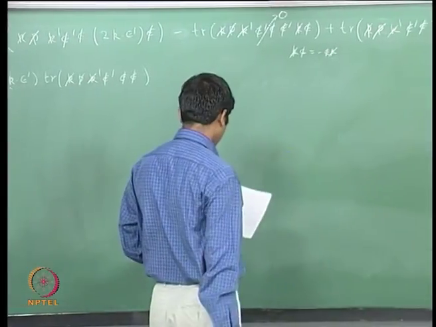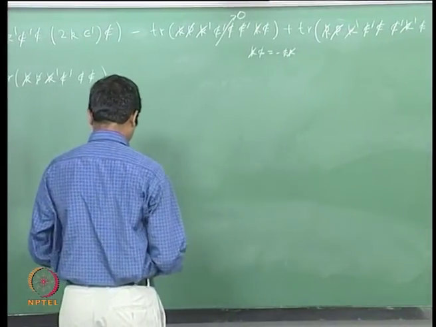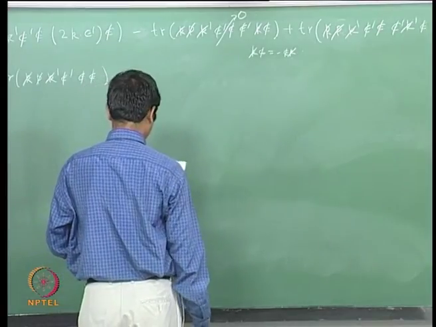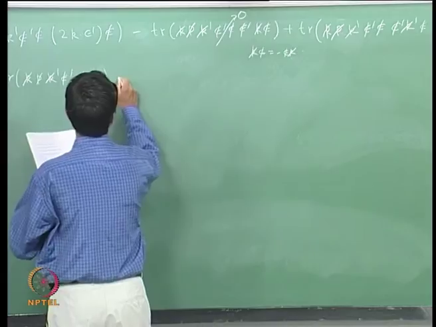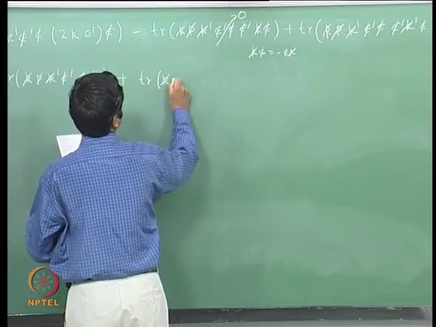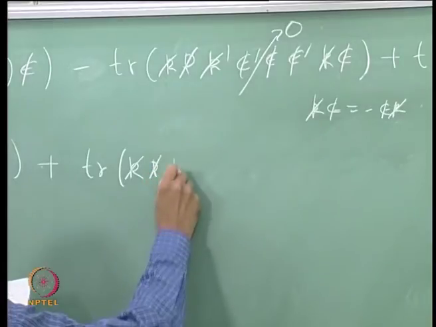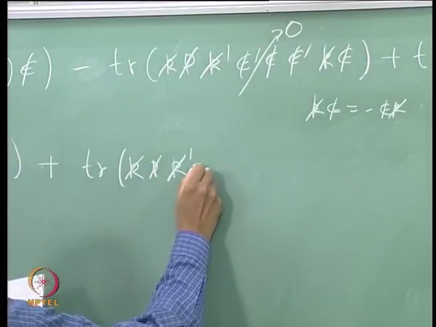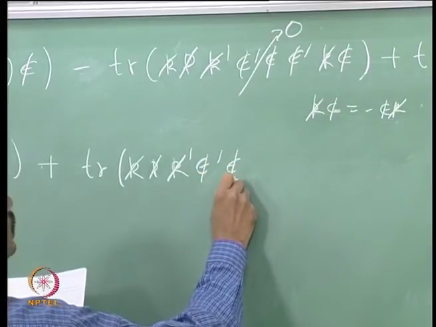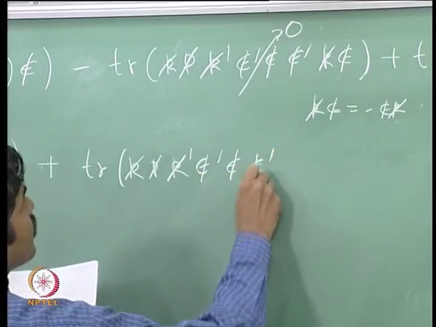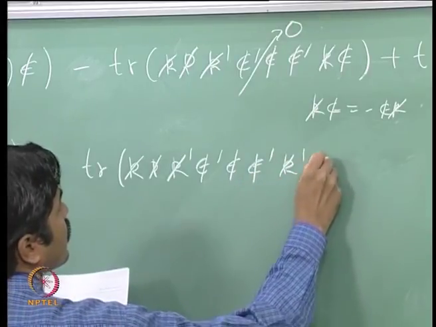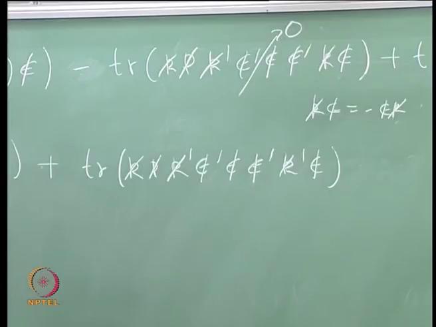In the second term I have plus trace of k slash p slash k prime slash epsilon prime slash epsilon slash epsilon prime slash. Okay.